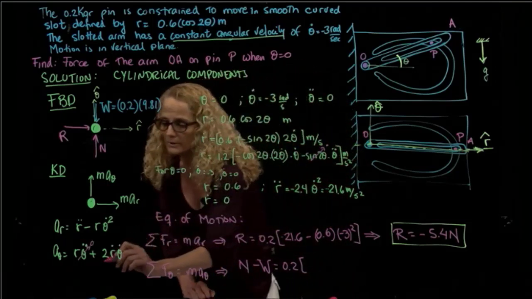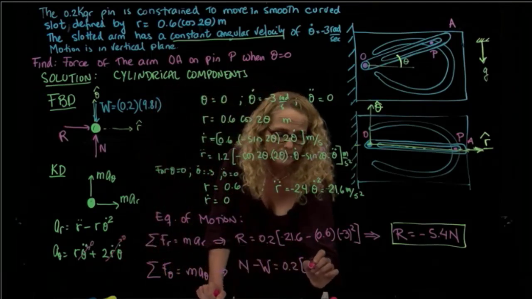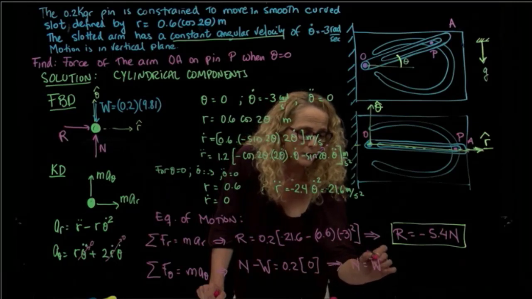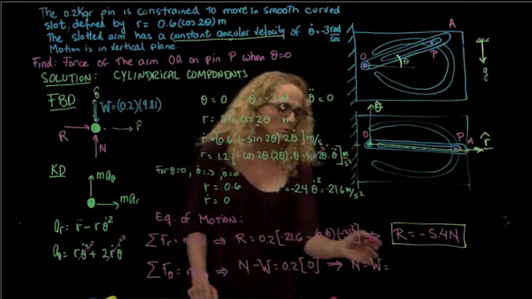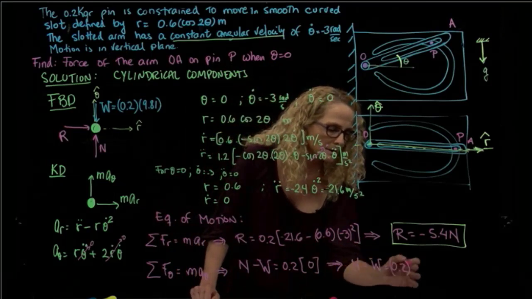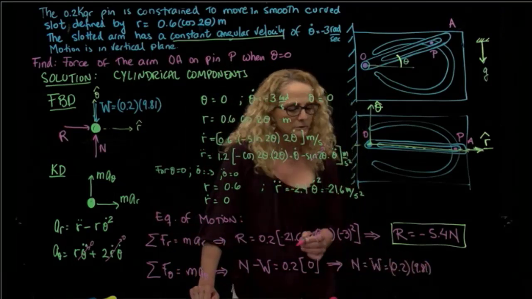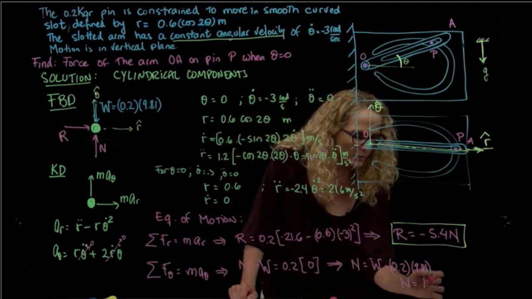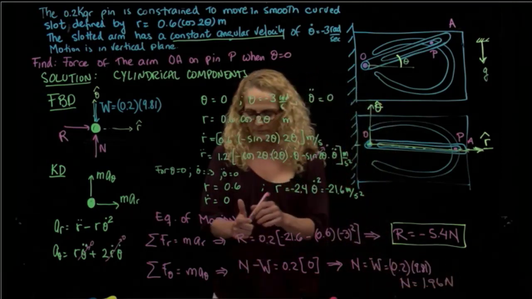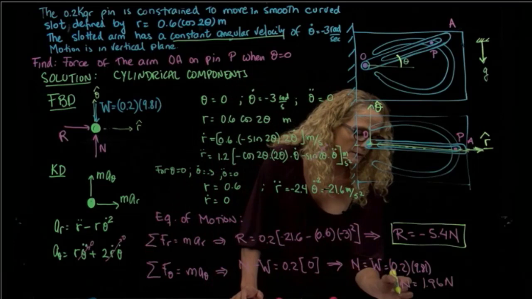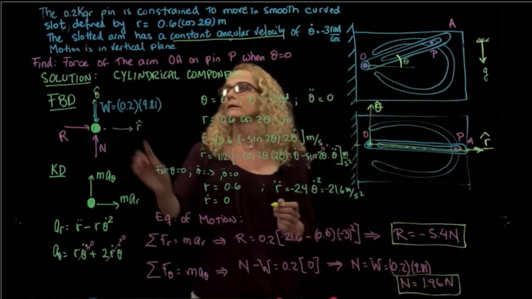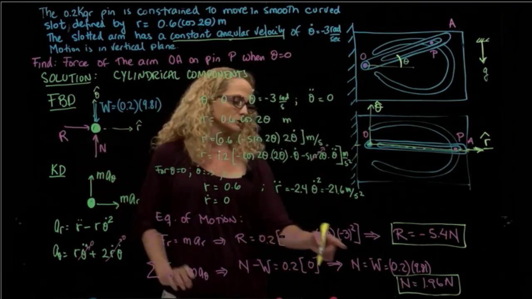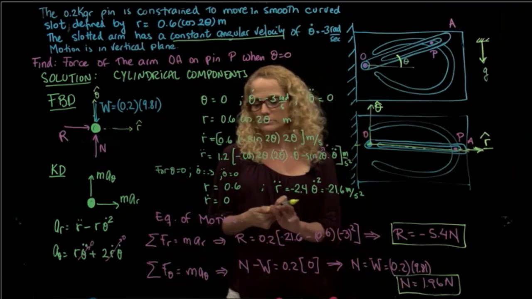So actually we notice that here we have 0. So our normal is equal to our weight, which is 0.2 times 9.81. So our normal force is equal to 1.96 newtons. That's our result. We were asked to find the force of the arm OA on the pin P. That was the normal N, so it's 1.96 newtons.